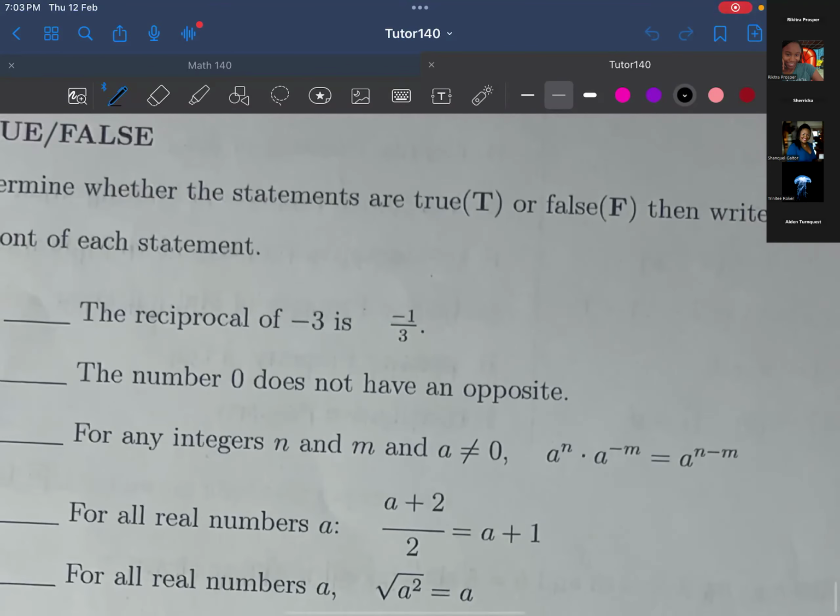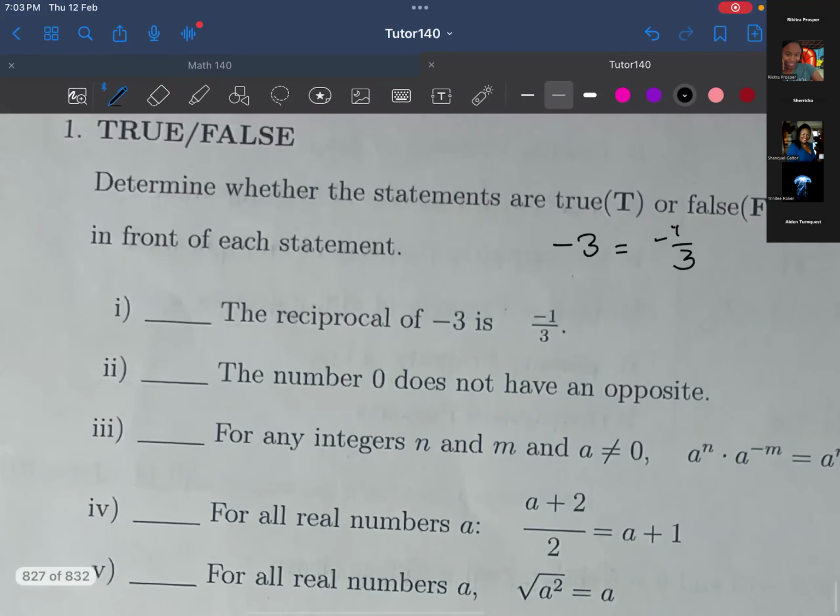Okay, so to find the reciprocal of a number, let's say a, the reciprocal of a would be 1/a. So the reciprocal of -3 would be -1/3. So this is true.